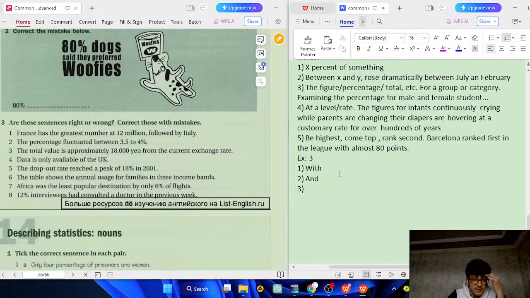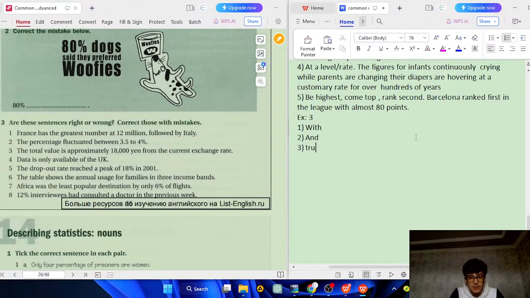I think this is the right one: the total value is approximately 18,000 yen from the current exchange rate. You could have said on the current exchange rate or according to the current exchange rate, I guess, but this is also reasonable and acceptable.